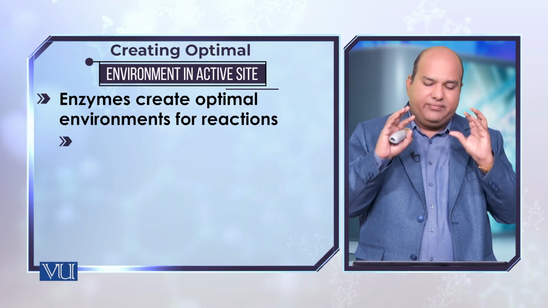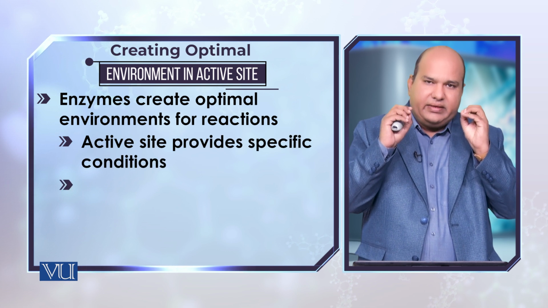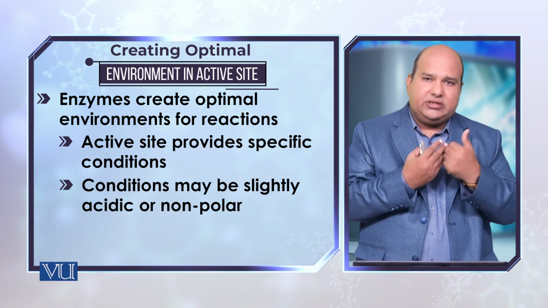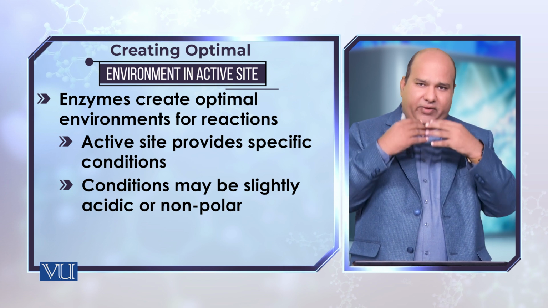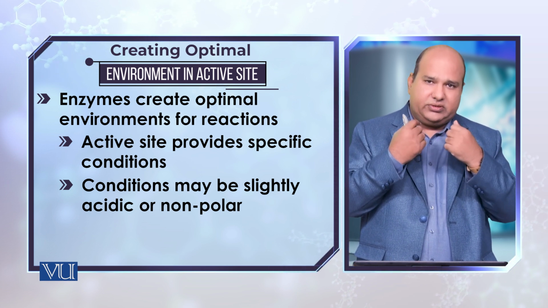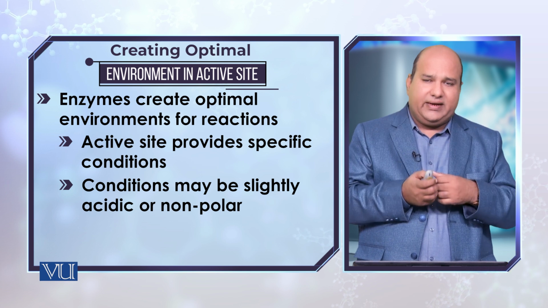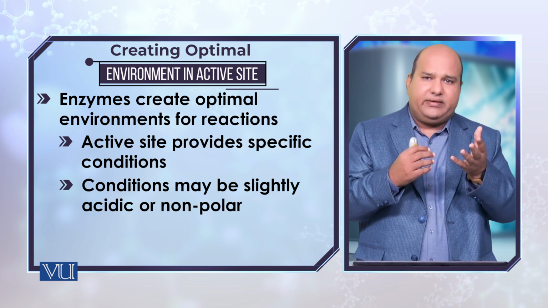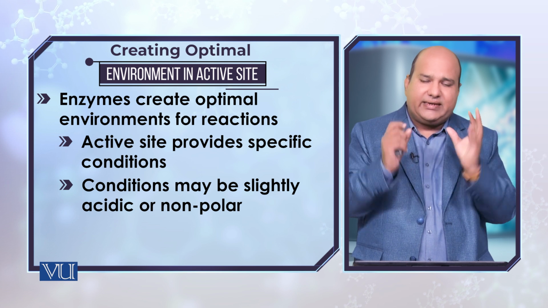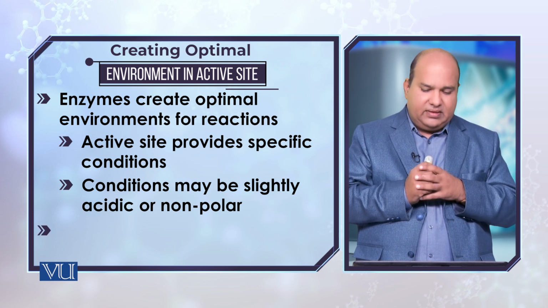Then, another very important aspect of enzymes is that they have active sites, the sites with which the substrate will bind. They provide an environment in which the binding between substrates is more stable and more effective. And of course, that environment depends upon the structure and composition of the active site of the enzyme.